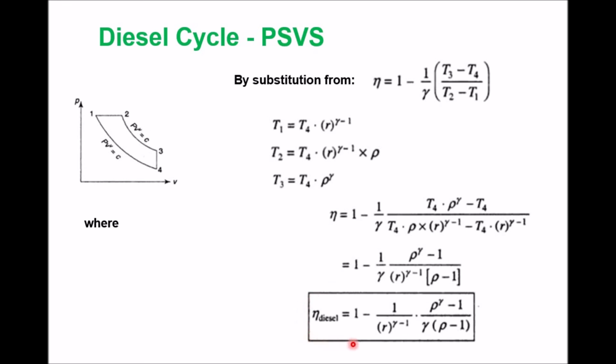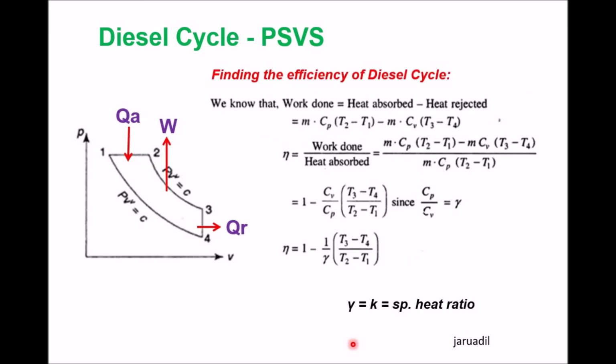But more importantly, other than the efficiency, we have also derived the work done here. Knowing T2 and T1 and T3 and T4, knowing the mass, knowing the specific heats and the temperatures at each point 1, 2, 3, and 4, you can compute for the work done.